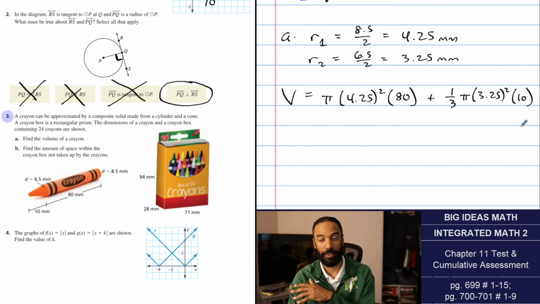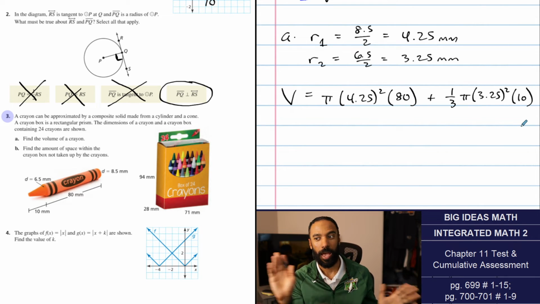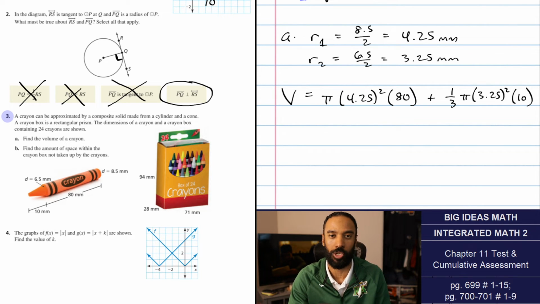If I typed everything into the calculator right now, let's get an exact answer. Let's just type this in the calculator as it is, even if they're in terms of pi. Let's clear this out and make it look easy.